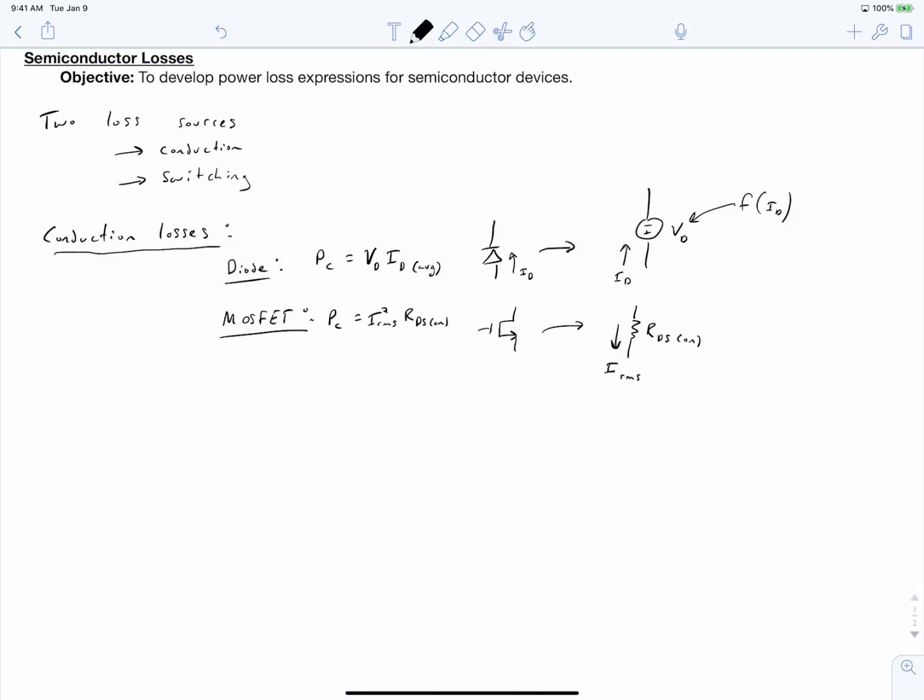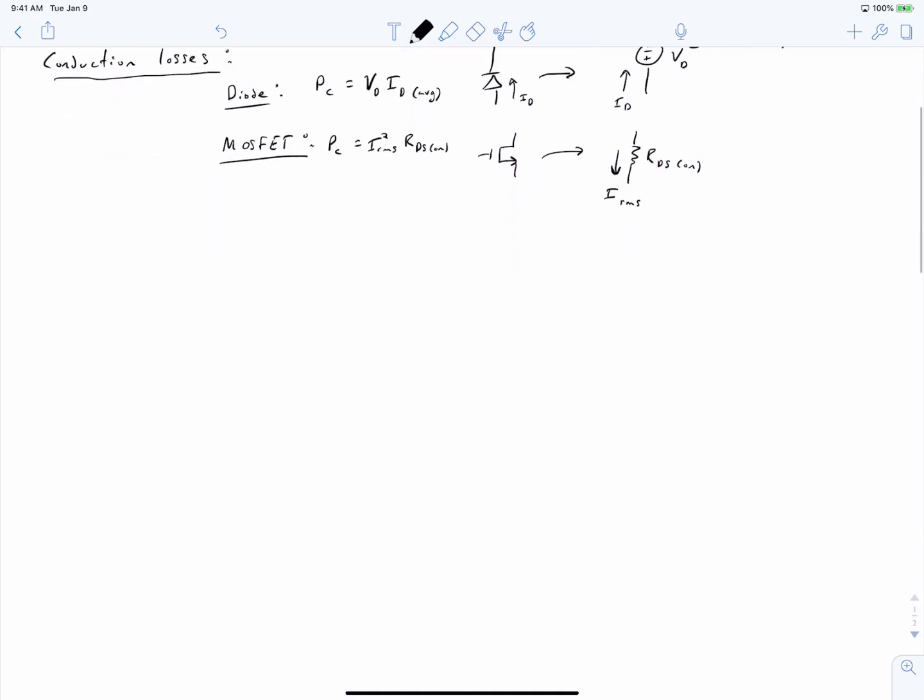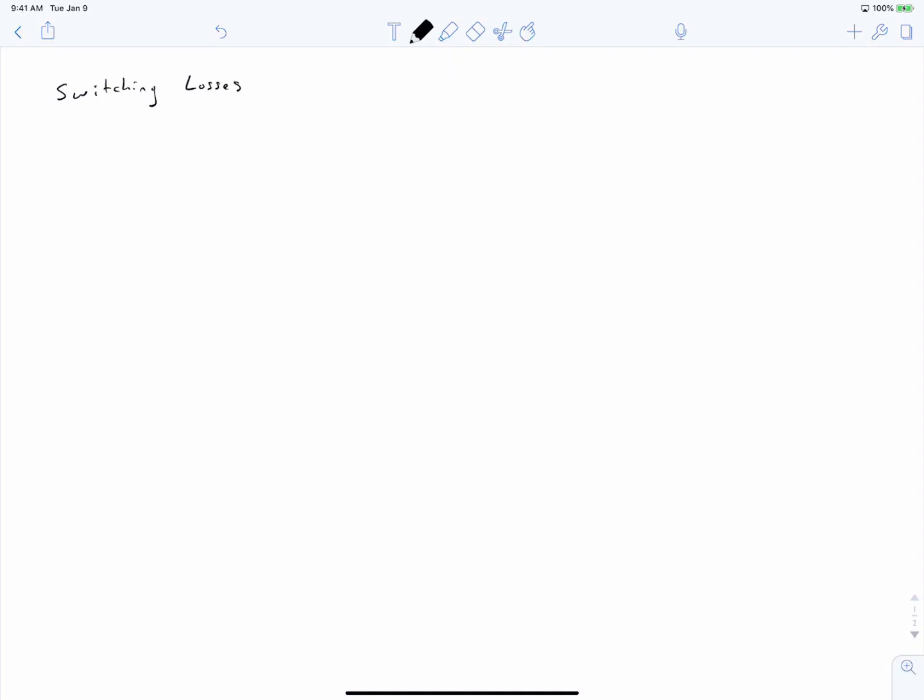Next, we'll discuss switching losses. And switching losses are a bit more complicated. To discuss switching losses, we're going to consider the single-pole double-throw switch in this configuration. That's with a positive IP current going to a DC current source and a positive throw voltage.